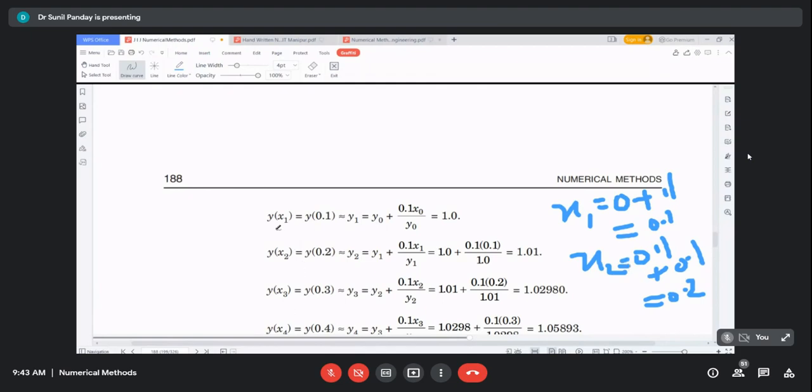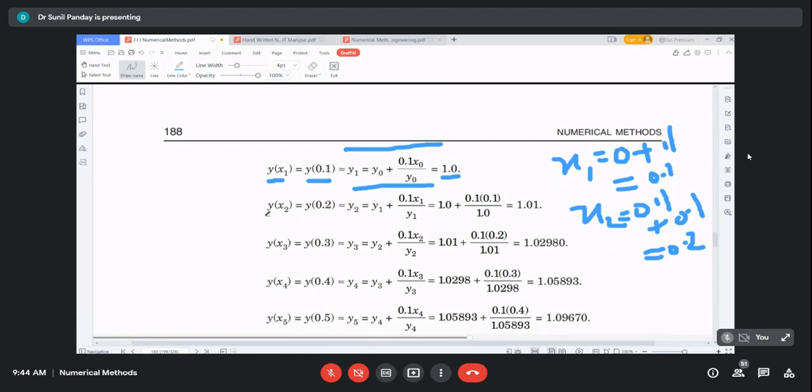We do the same thing: y of x1, that is y of 0.1, we are calculating with the help of Euler's method. So y1 is equal to y naught plus 0.1 times x naught upon y naught. y naught is given as 1, and x naught is 0. After simplification it is 1 plus 0, finally 1. This is y1.